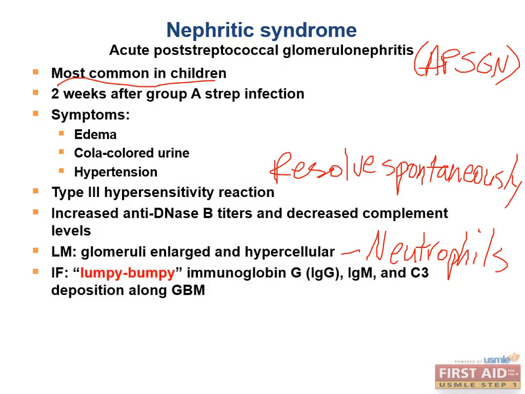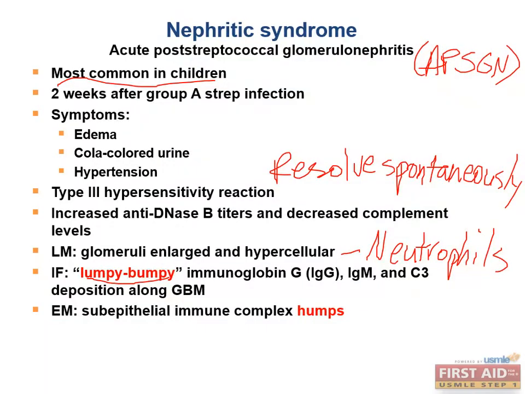This condition is caused by, remember, immune complex deposition, and this deposition happens along the glomerular basement membrane, which leads to a lumpy, bumpy appearance. And that lumpy, bumpy appearance on immunofluorescence is caused by the deposition of those immune complexes along the glomerular basement membrane.